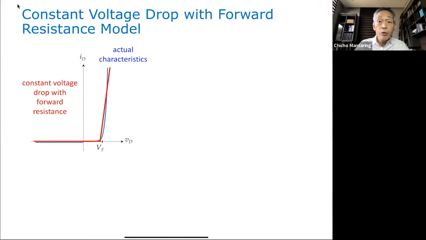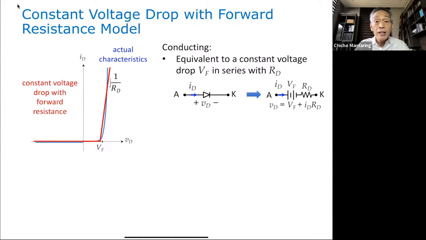So again, we have two states, conducting and not conducting. In the conducting state, the diode is equivalent to a constant voltage drop V of F in series with the resistance Rs of D, where Rs of D is the reciprocal of the slope of this particular line.